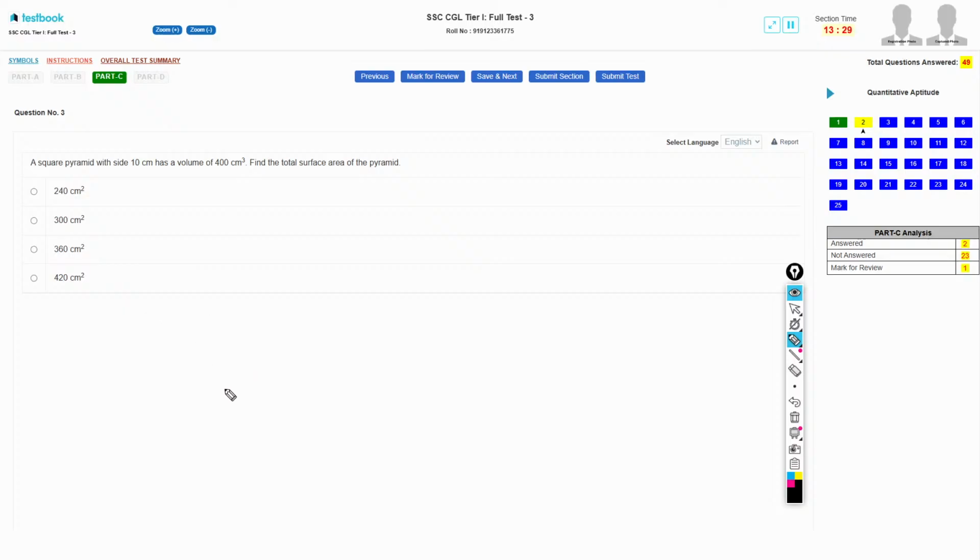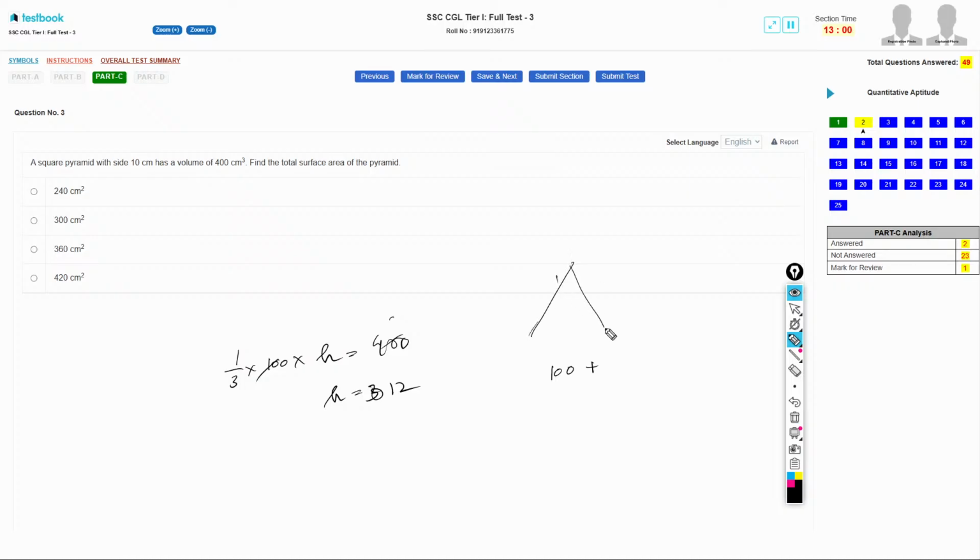A square pyramid with side 10 has a given volume; find the total surface area. Volume means 1/3 base area into height, which is 400, so the height is 12. Total surface area of the pyramid: the bottom is 100, and the 4 sides are triangles with a slant height to be calculated.